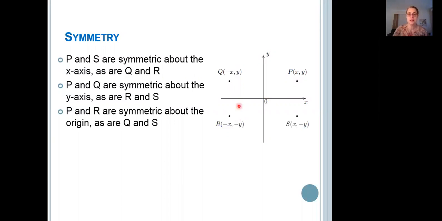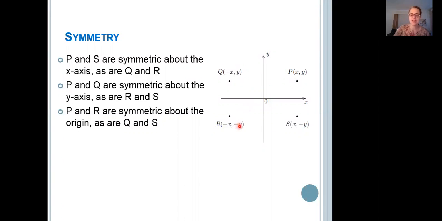Q and R are symmetrical about the x-axis. P and S are symmetrical about the x-axis. P and Q are symmetrical about the y-axis.